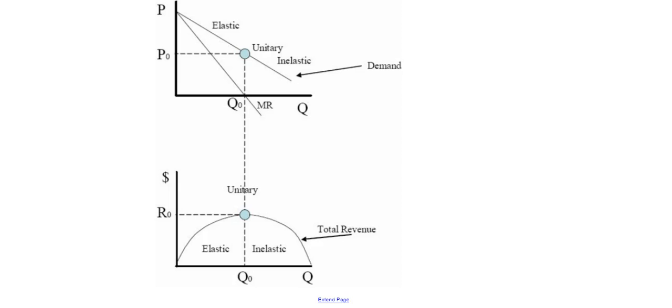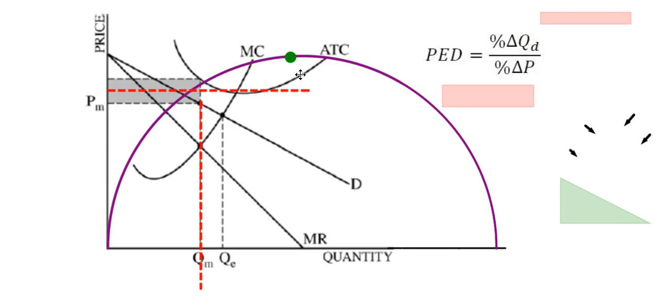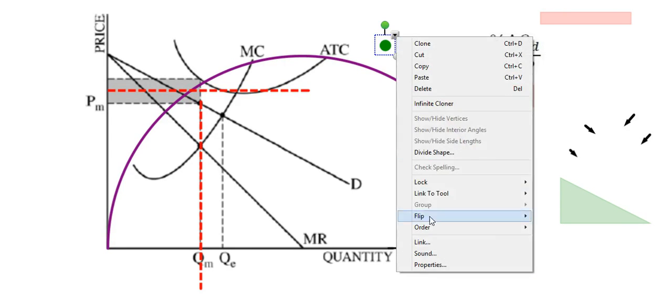It means that if we go from here to here, raise the price and lower the quantity, then our quantity, as a percentage, is going to drop more.